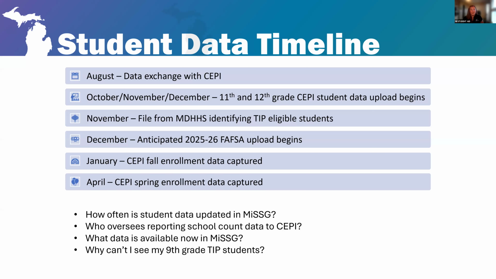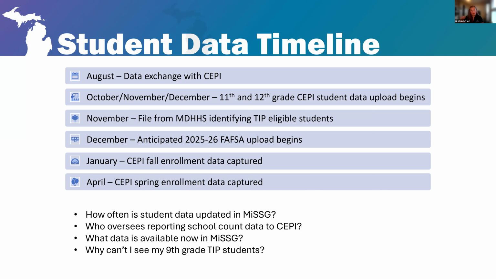So that's a big deal. Spring of 8th grade, they're still in middle school. So we haven't even captured them yet in the fall of their high school ninth grade year. That's going to be captured in January. So we'll know about those ninth grade TIP eligible students.